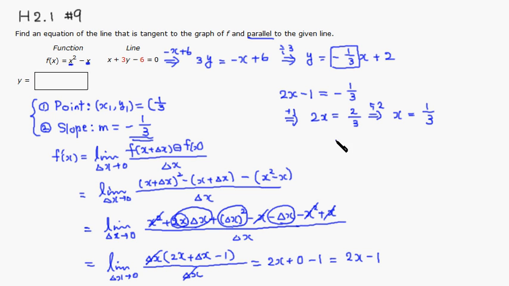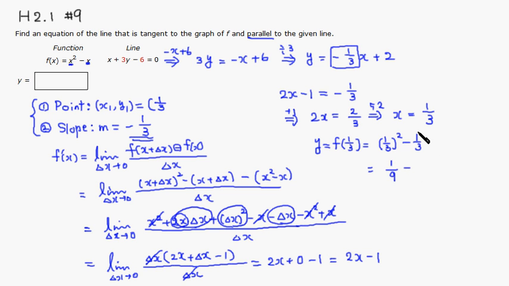Then if you want to find the y value, all you really have to do is plug 1/3 into the f function. You will get 1/3 squared minus 1/3. 1/3 squared would be 1/9.